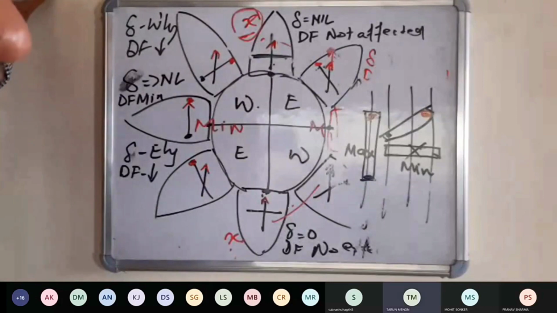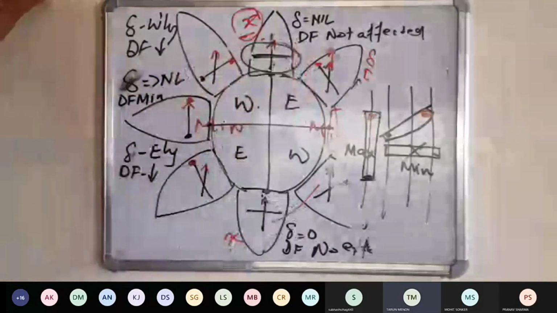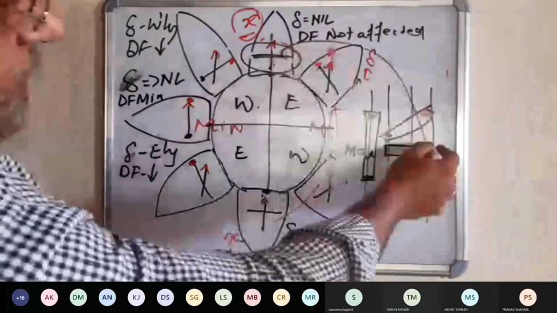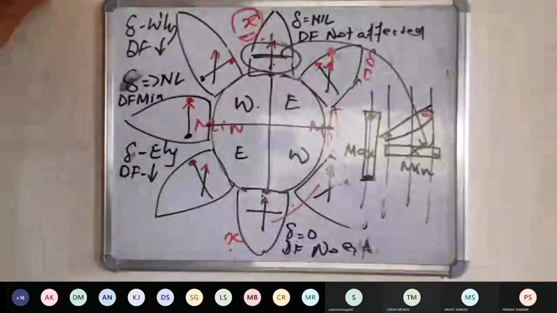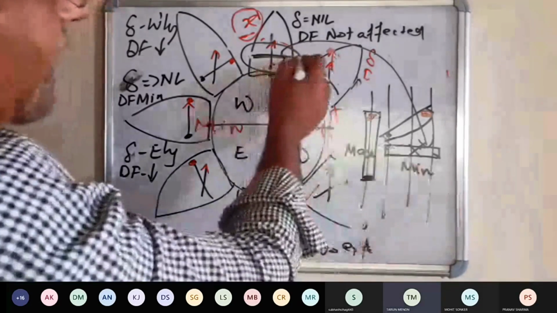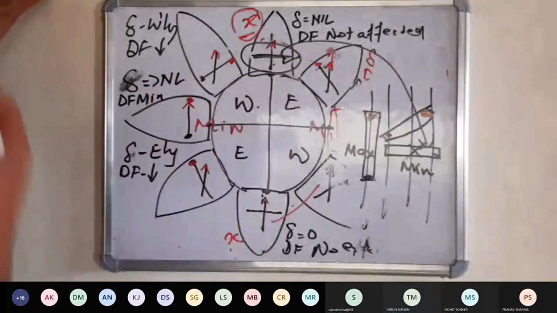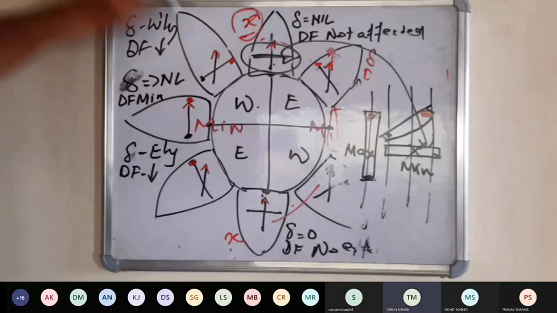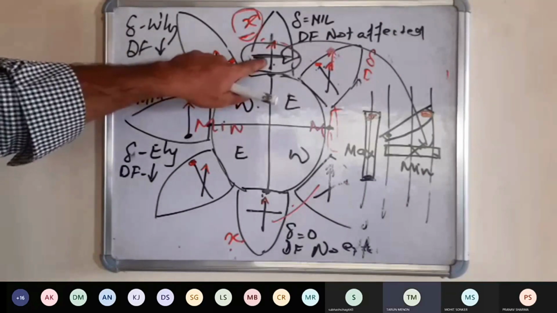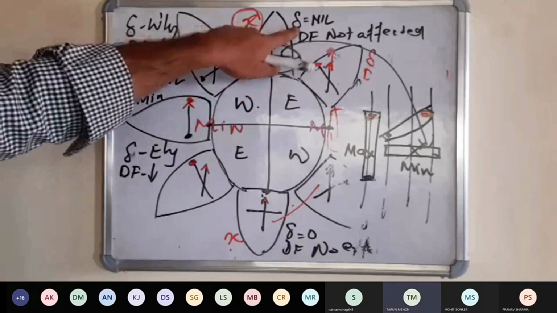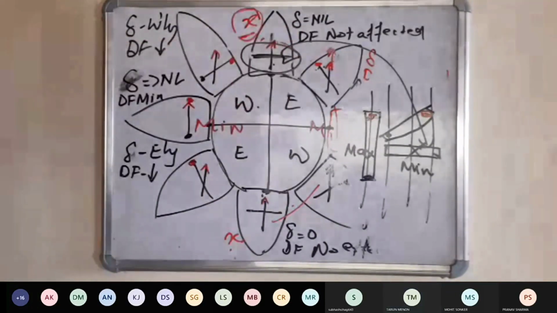Correct? Remember this? Okay, sir, got it. So what is the situation here? Is it not this situation? Yes, sir. So that means no magnetism here, nothing disturbing. So deviation is going to be nil. Okay, sir.